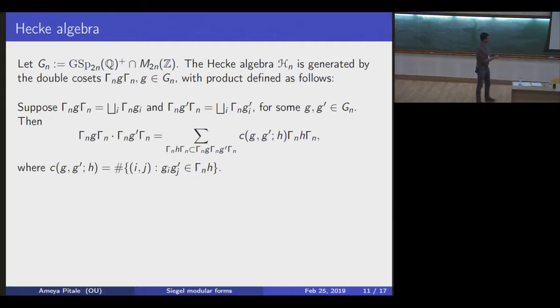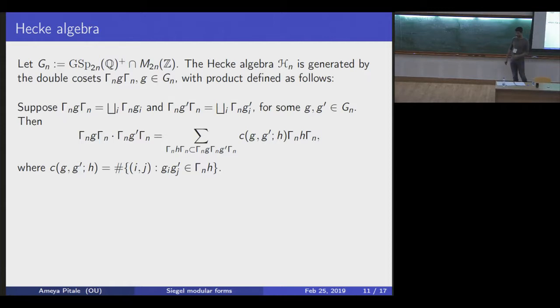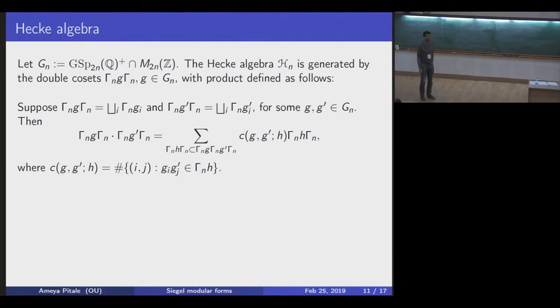You can define a multiplication of these, which depends on the single coset decomposition. There is a way to come up with these coefficients depending on some combinatorics. This is something you do for any kind of modular forms, the first thing you write down in general for elliptic modular forms as well. I assume Ulf is going to do it tomorrow, and we'll see if he does.